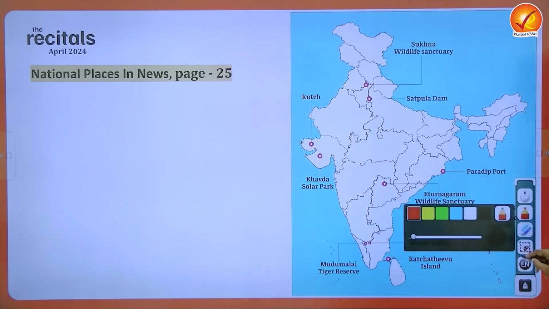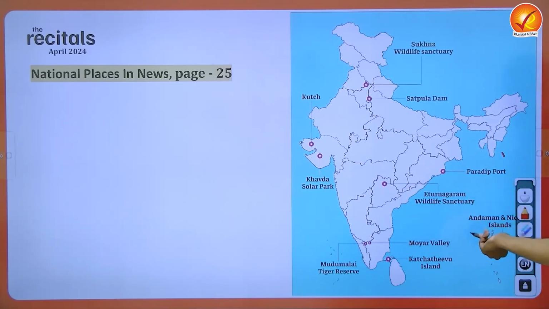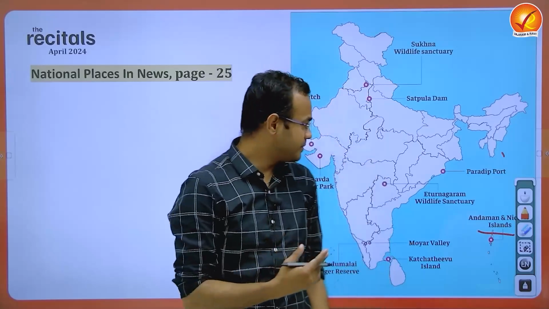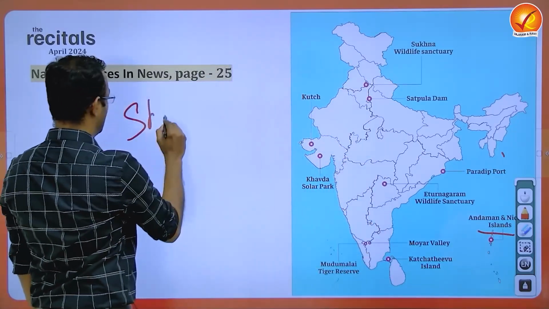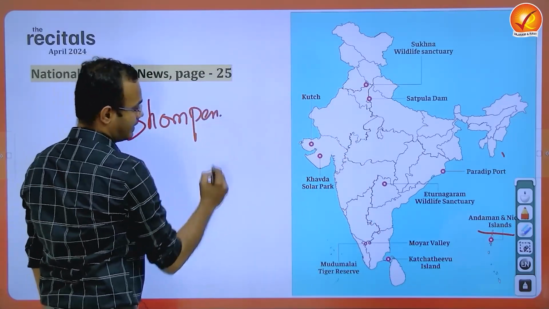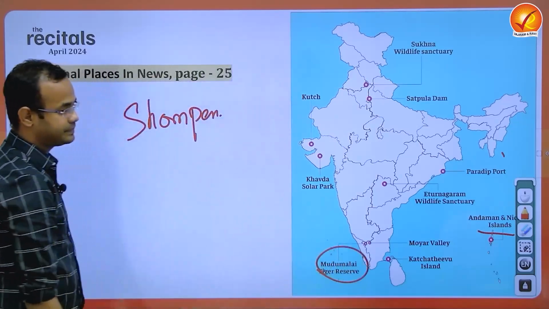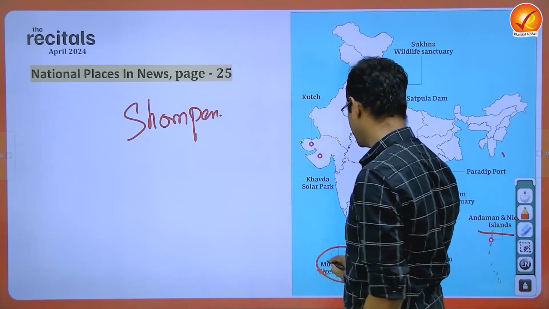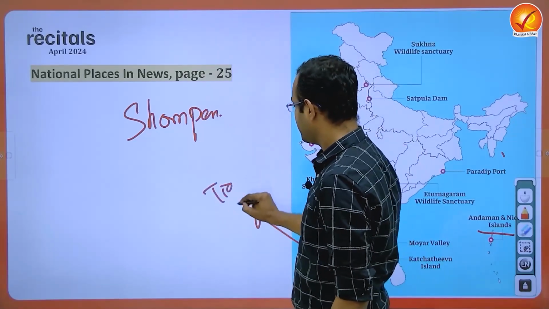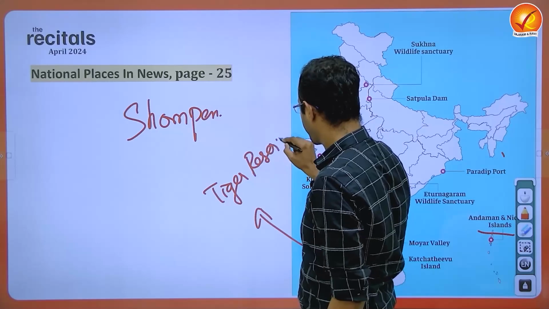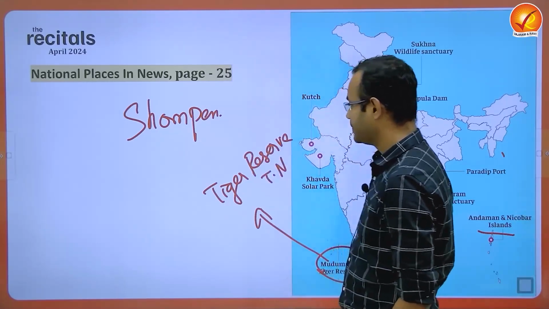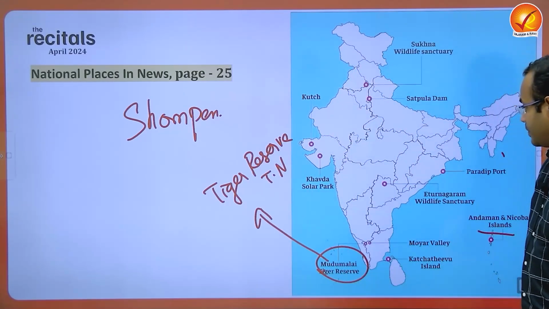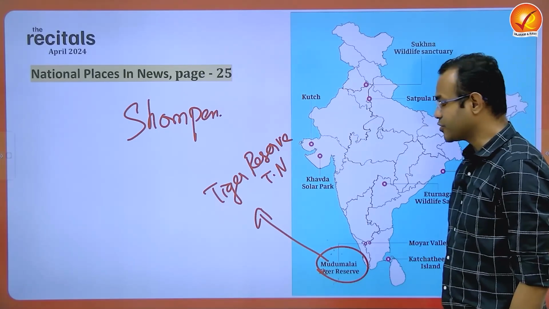Moving further, the other places we discussed: Andaman and Nicobar Islands came in the news for the Shompen tribes present there. And Mudumalai Tiger Reserve, an important tiger reserve in Tamil Nadu, part of the Nilgiri Biosphere Reserve.